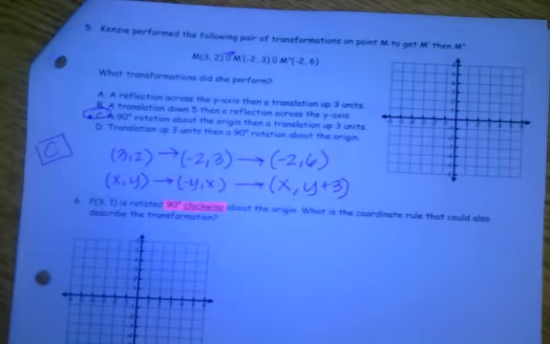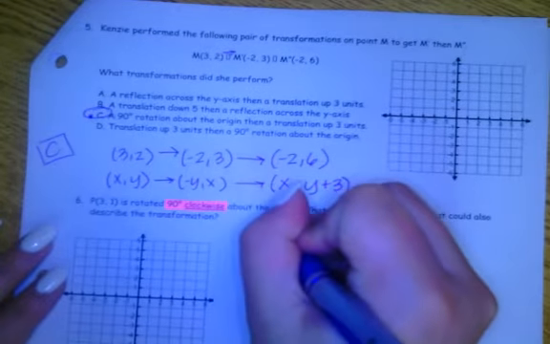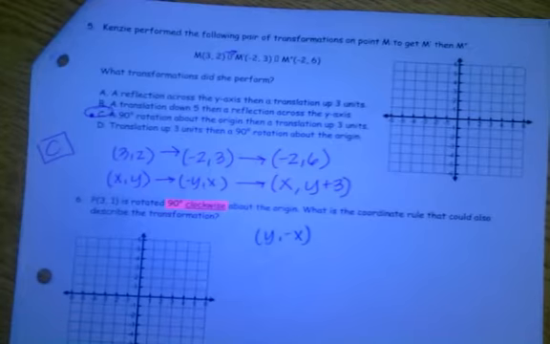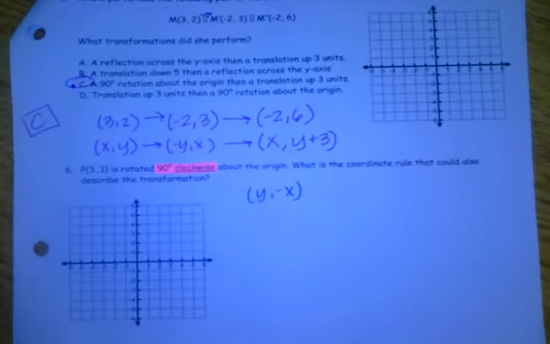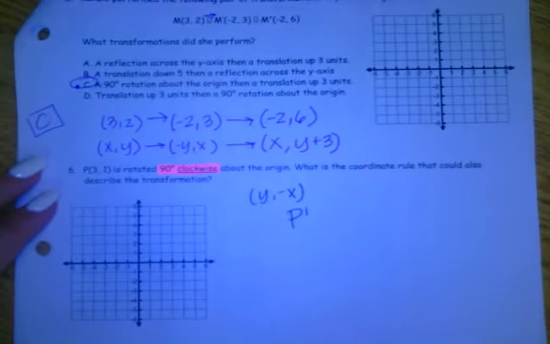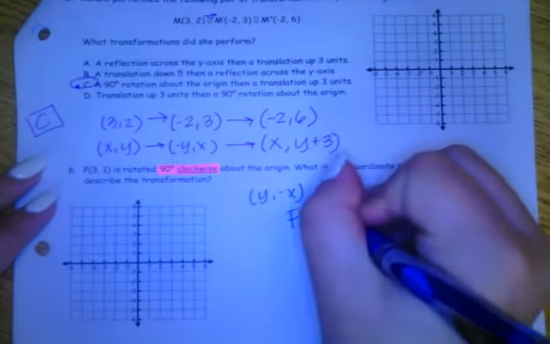Y, negative X. So do we see how simple it is to make that mistake? Okay, make sure you distinguish whether you're going clockwise or counterclockwise. So Ethan, what point would P prime be at? Opposite X, and so it would be 1, negative 3.